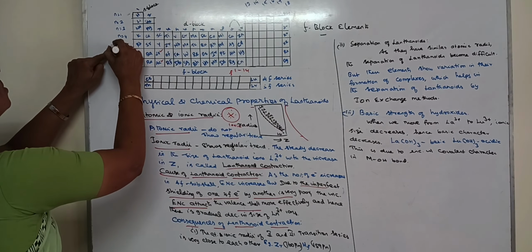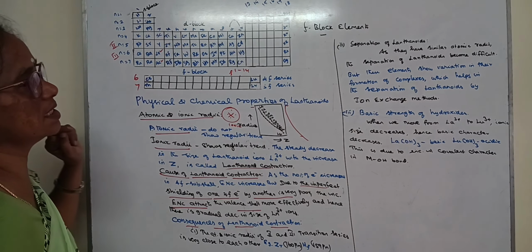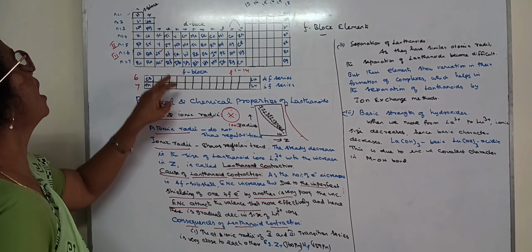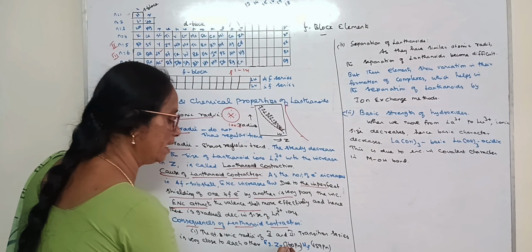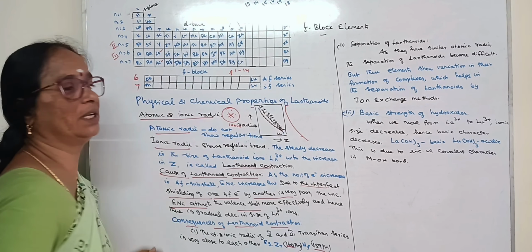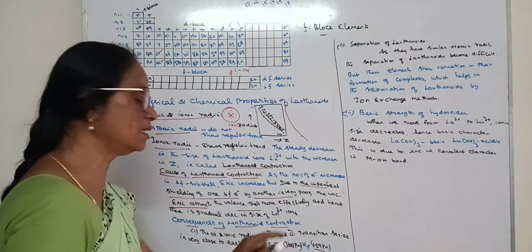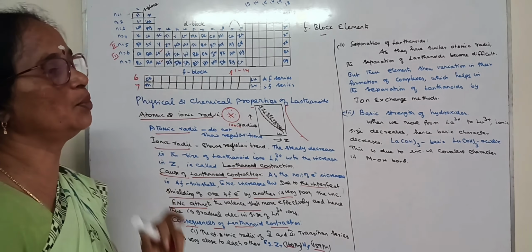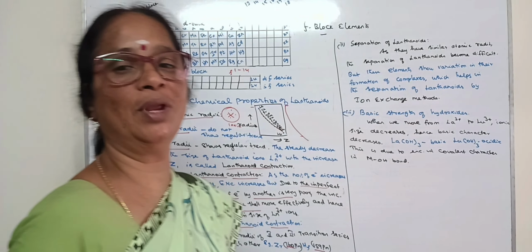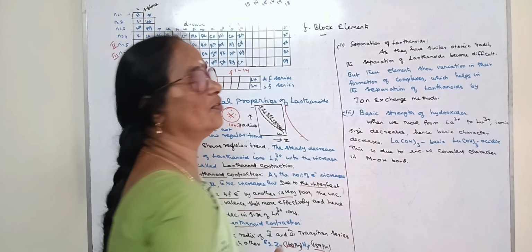Zirconium belongs to the second transition series, hafnium belongs to the third transition series. Zirconium and hafnium have very close atomic radii, about 160 picometer and 159 picometer. So due to lanthanide contraction, the second and third transition series of d block elements are quite similar in their properties. The next one, separation of lanthanides.